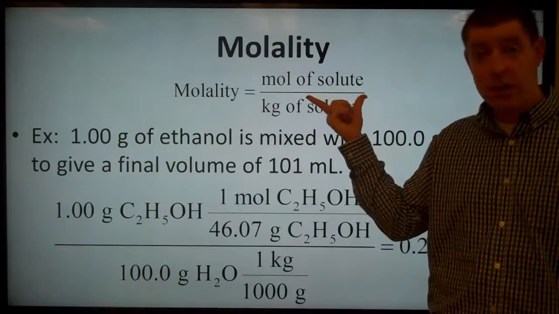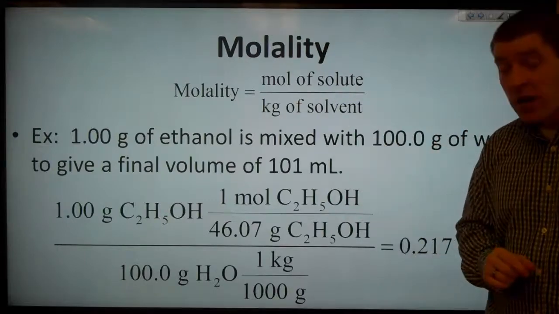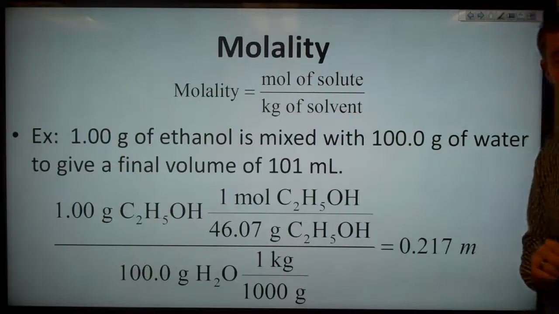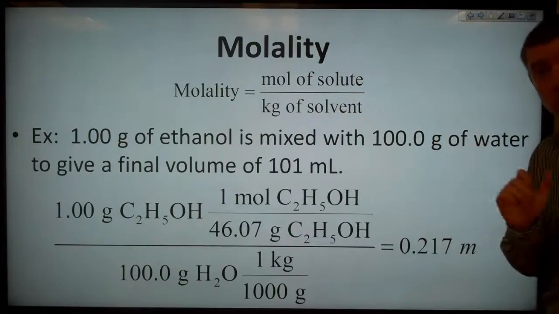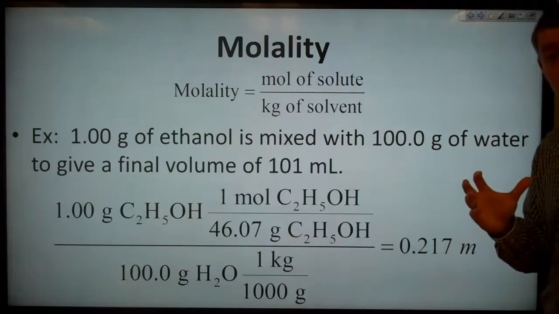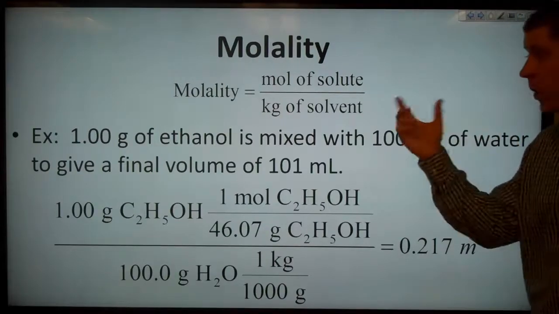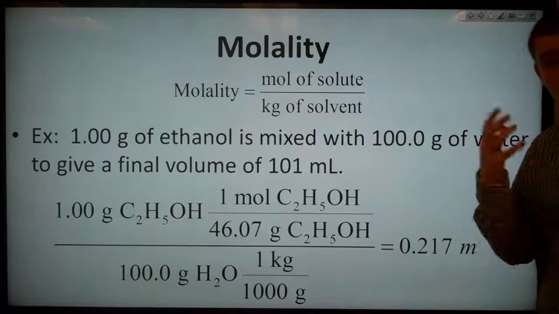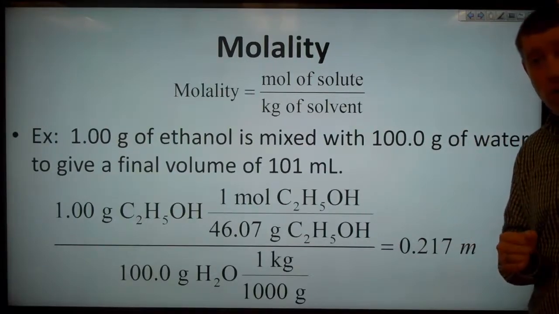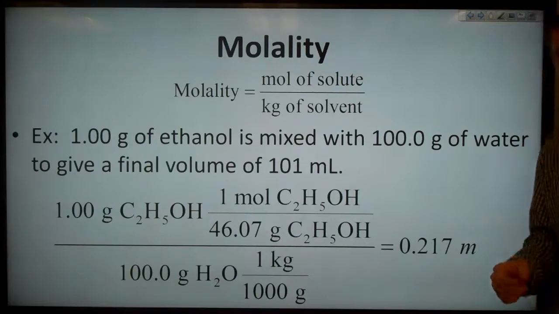The numerator is the same because you have moles of solute in both cases, but that's not true for other solvents. So only in the case of water and only in the case of a dilute solution. If you have a very concentrated solution, then 1 kilogram of water added to your solute will give significantly more than 1 liter's worth of solution.